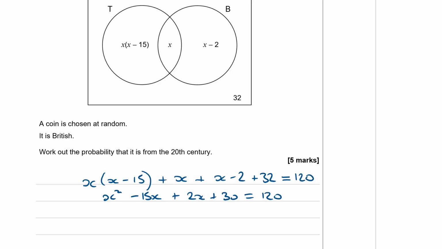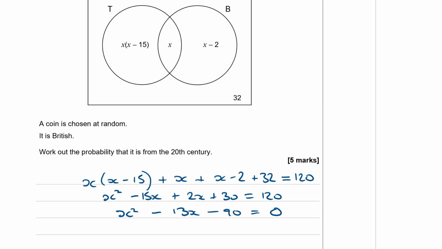So x squared minus 15x plus 2x, that's x squared minus 13x, and bringing the 120 over to this side as well, 30 minus 120 is minus 90 equals 0. So we end up with a quadratic that looks like this: x squared minus 13x minus 90 equals 0.